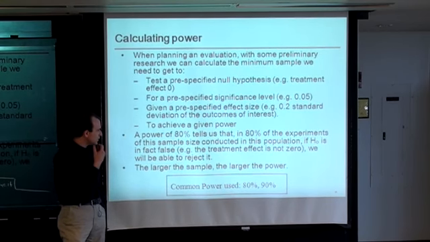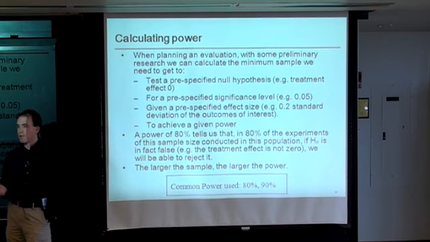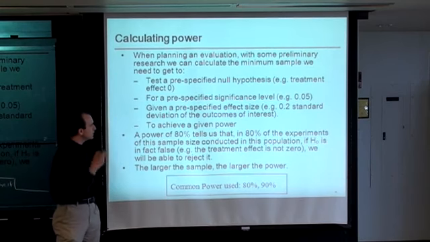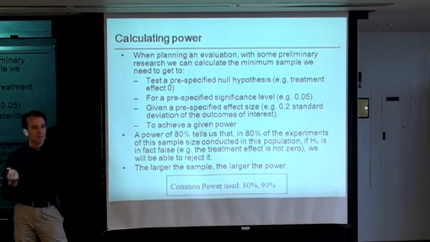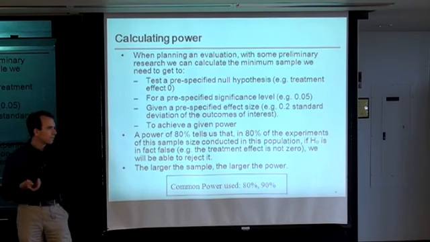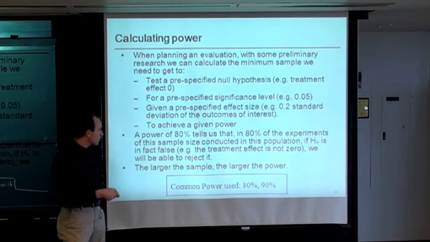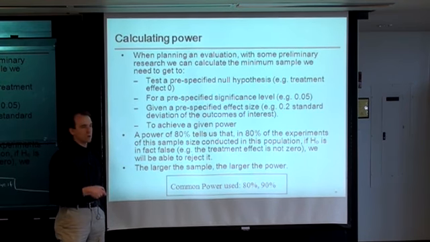If you did 80%, that would mean that if you ran your experiment 100 times, and the true effect was 0.2 in this case, you would be able to pick up an effect statistically 80 out of those 100 times. 20 out of the 100 times, you wouldn't. Okay? And the bigger your sample size, the larger your power is going to be.